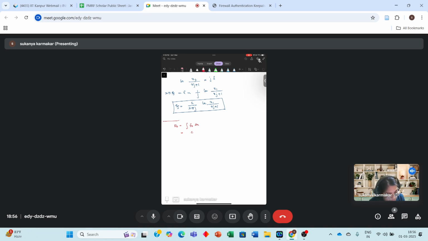The nomenclature should be x dot, and x dot is dx by dt. So dx can be written as x dot into dt, and this is how we get the expression, and you can integrate it over time.